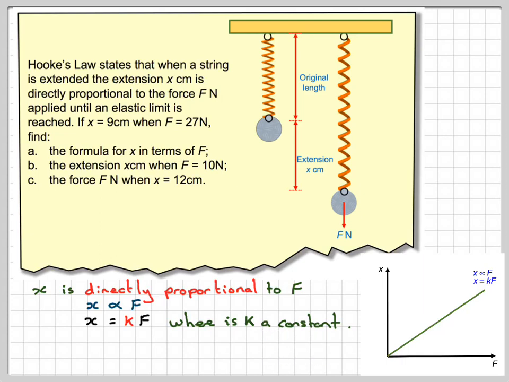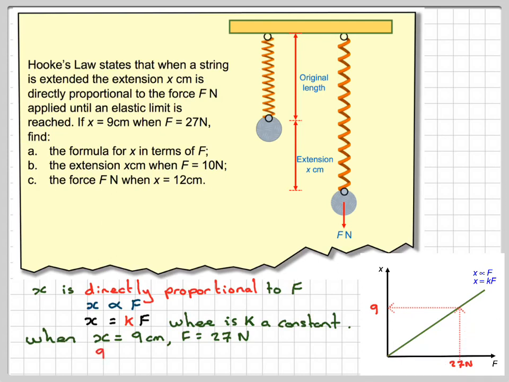k is a constant. When X is equal to 9 centimetres, F will be equal to 27 newtons. We're given that in the question. So, looking at our graph, this is 27, going up to here, and then if we read off here, this is 9, so this distance divided by this distance gives the gradient of the graph.